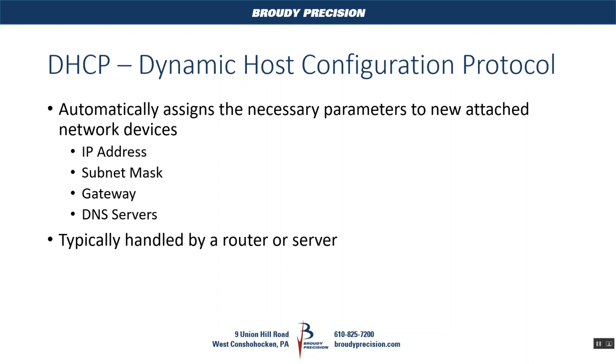This is what allows you to connect to a wireless network at your office without having to set an IP address in your computer manually. That's all DHCP, and it sort of happens behind the scenes. You don't even really think about it, but it is happening.